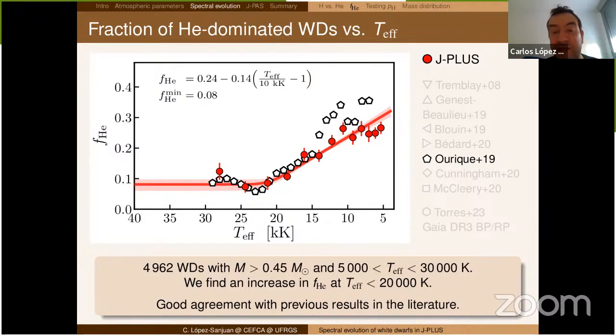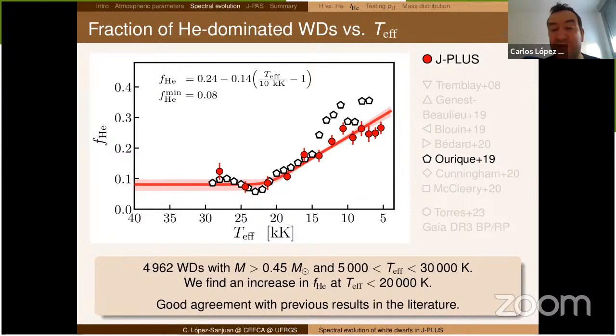Indeed, one of the things that I can tell you is that when we did this work for the first time, we used pure helium models for the helium dominated, and basically we obtained the same results. The only thing that changed was the peak in the mass distribution for helium dominated.